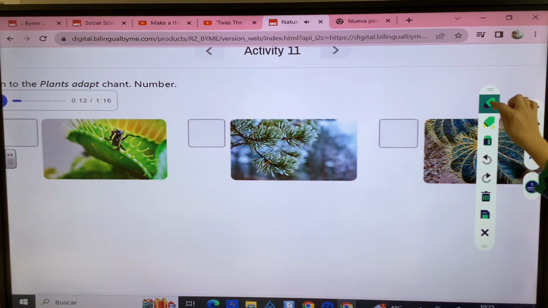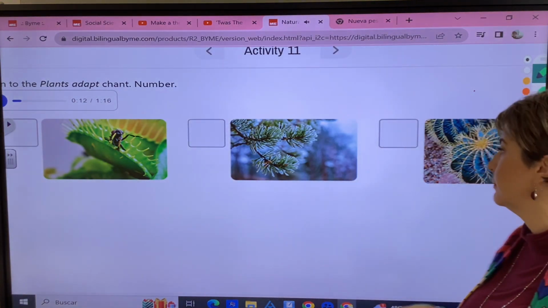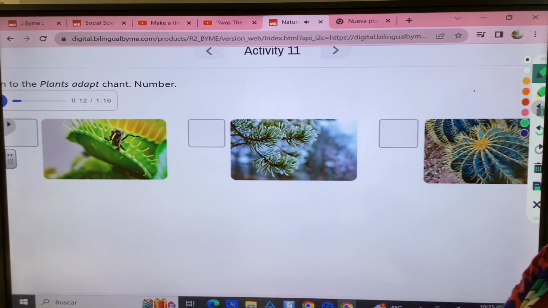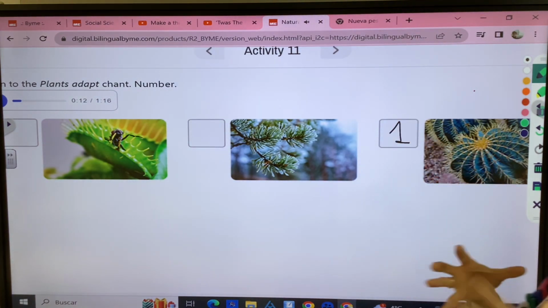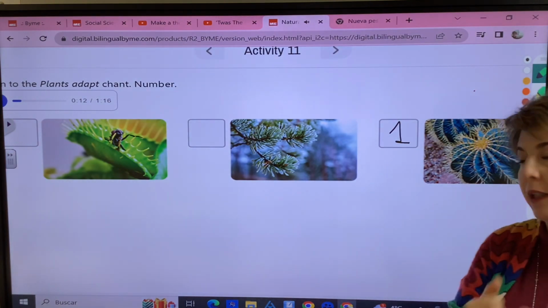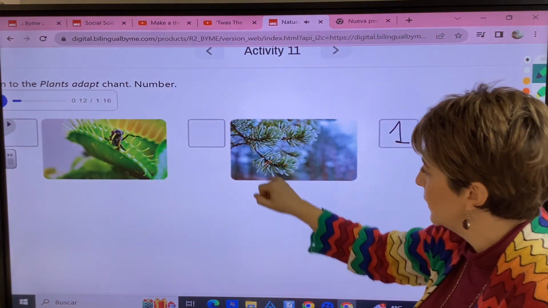I am a cactus. Here it's dry and hot. I've got a thick stem and branches. Thick stem to save water a lot. I am a pine tree. I've got needles instead of leaves.